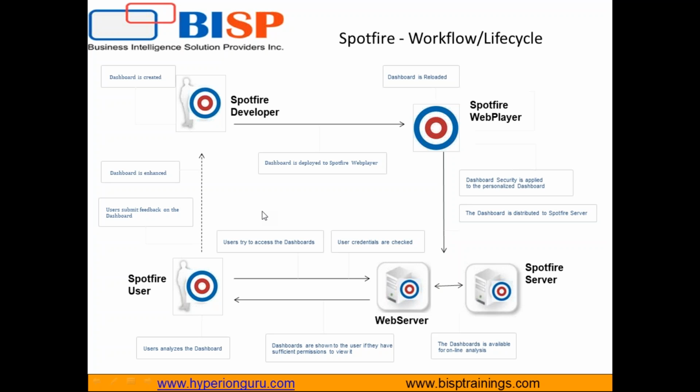A unique URL is generated for every report and dashboard. That URL you will send by email to your super users or business users, and then using that browser link, they will just click on it. It will open in the browser, and using that they will access the web player. So the web player in turn is accessing the web server, which in turn is accessing the Spotfire library. All this happens at the back end.